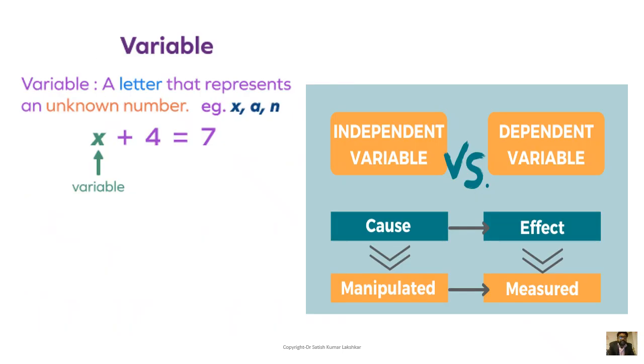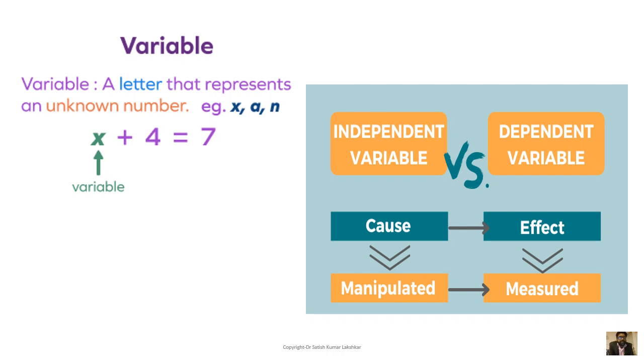Now let's discuss this with a mathematical equation. In this equation you can see on your screen, x plus 4 is equal to 7. Here x is a letter that represents an unknown number. This is a hypothetical example.